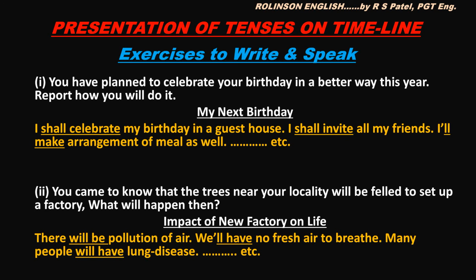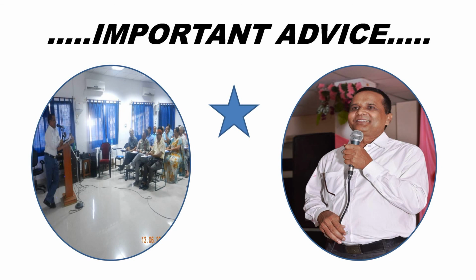Many people will have lung disease. Some old men will suffer from severe problems of their health. There will be water pollution too. The temperature will rise. You go on counting, writing and speaking like this.